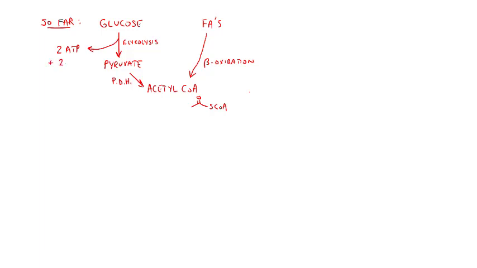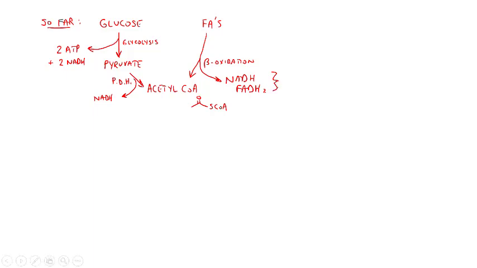We also get 2 NADH. Pyruvate dehydrogenase gives us some NADH. And then fatty acid beta oxidation gives us plenty of NADH and FADH2.